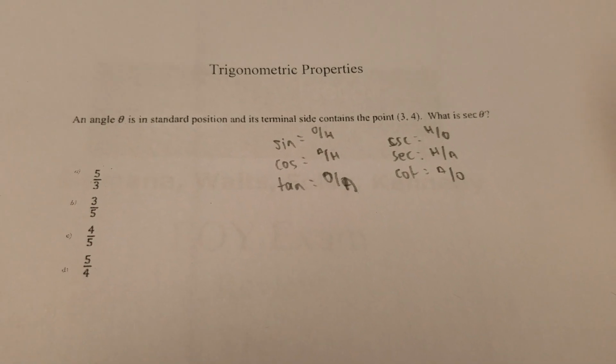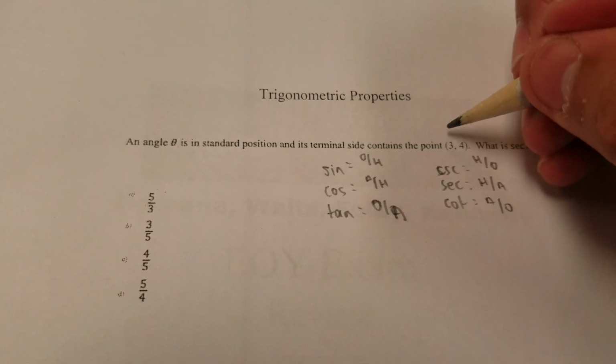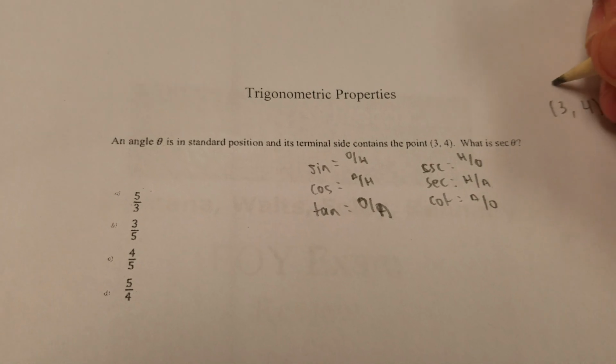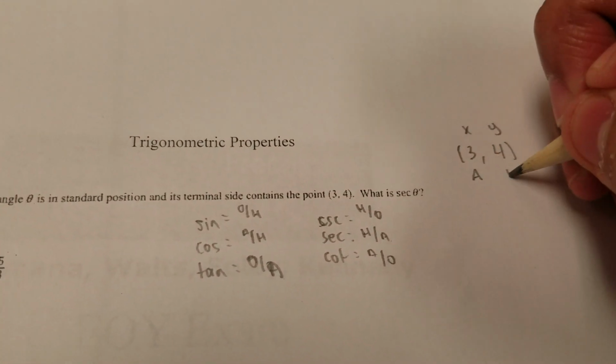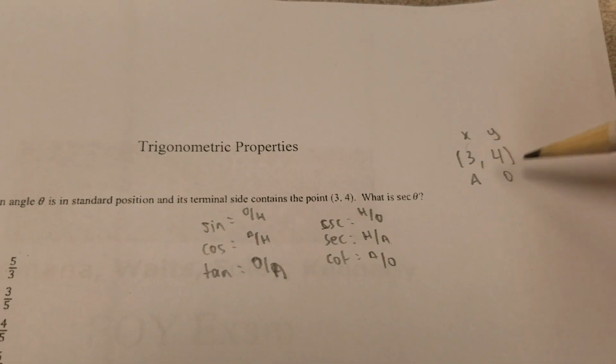So if I want to know secant, I want H over A. And one more thing, they gave you an X and a Y. This is always the A, and this one is always the O. Alphabetical order, X before Y, A before O.